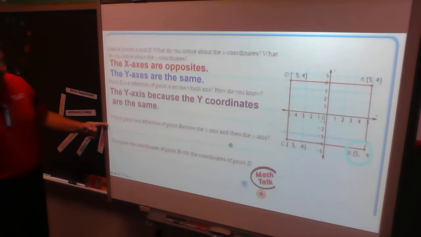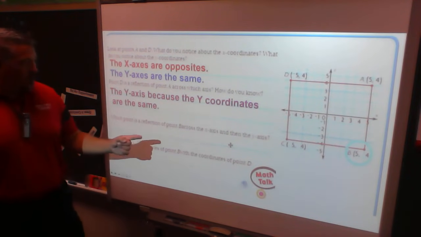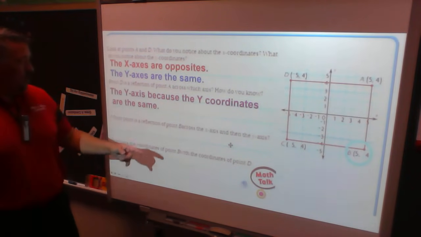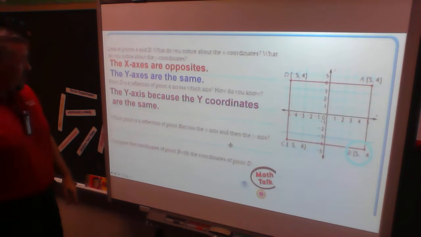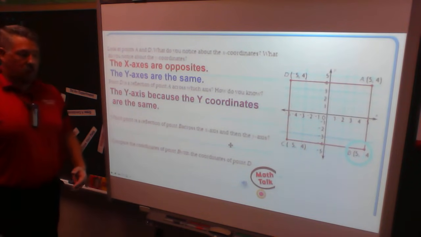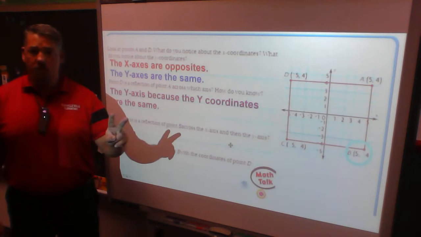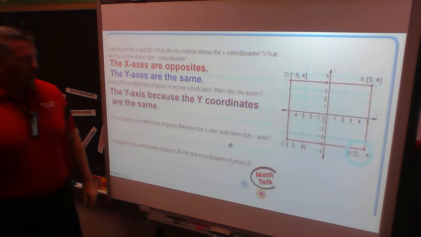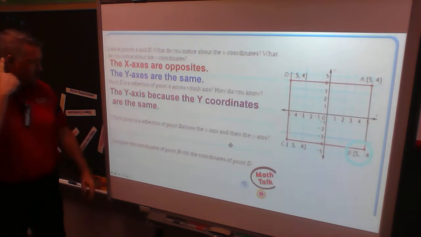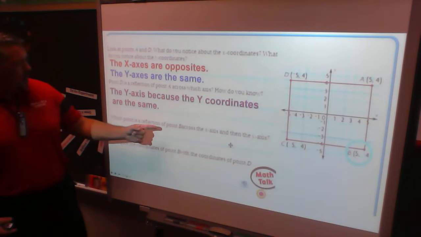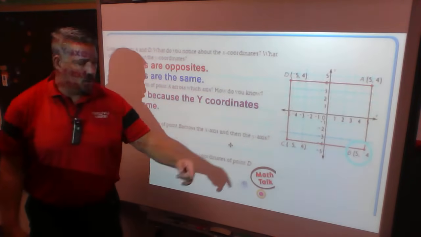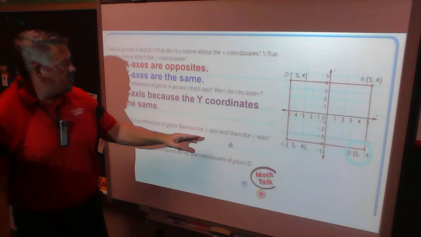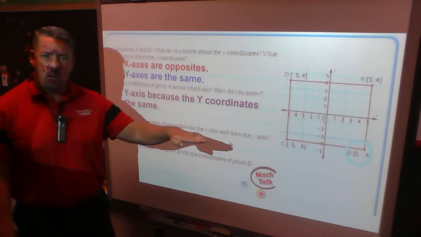Which point is a reflection of point B across the x-axis and then the y-axis? So I have 2 steps of reflection. Okay, so let's see. First it says that I have to use point B, which I circled, and it has to go across the x-axis. It's my horizontal line.